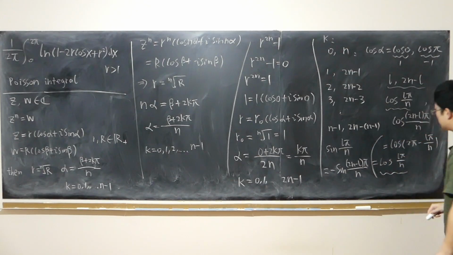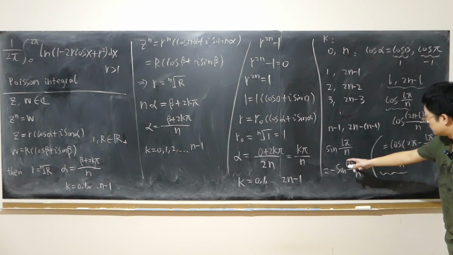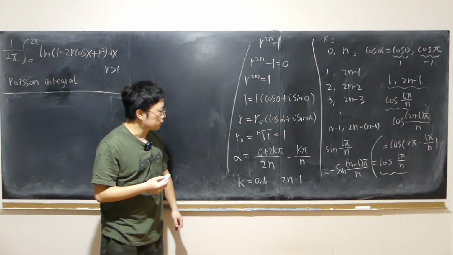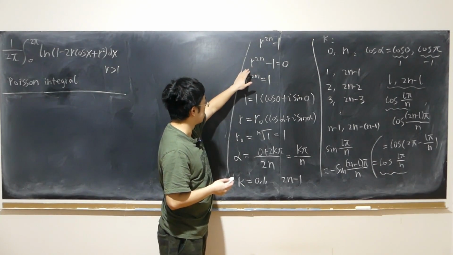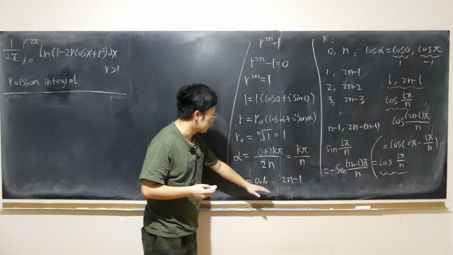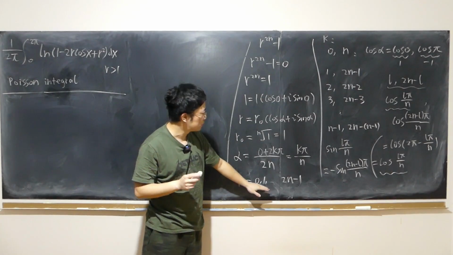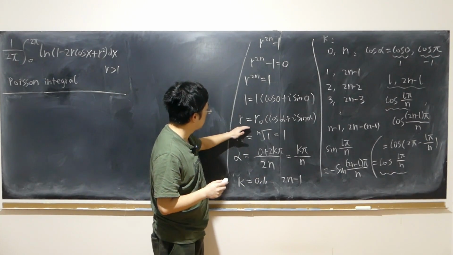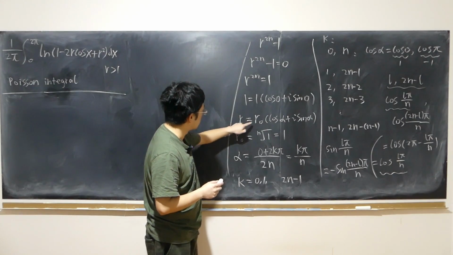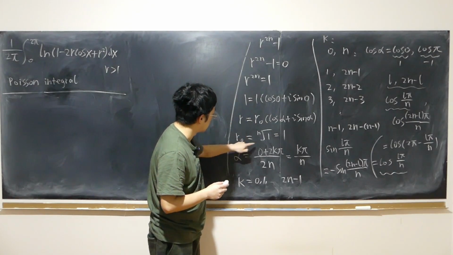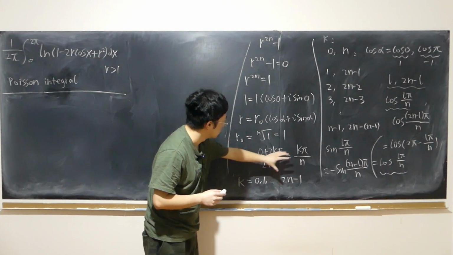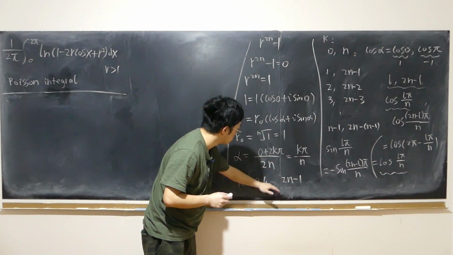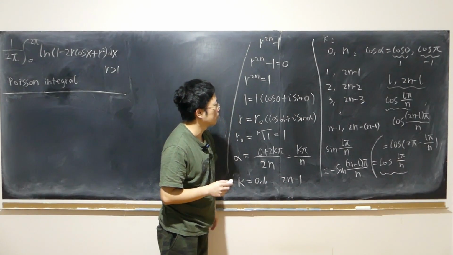Happens to be opposite sign. So I've just worked out different roots of this equation. If I treat r as the unknown, I have exactly 2n different roots, where r can be written as r naught, where r naught is worked out to be just 1, times cosine of alpha equal to k pi over n, where k goes from 0 all the way up to 2n minus 1.